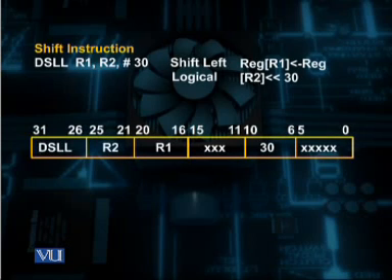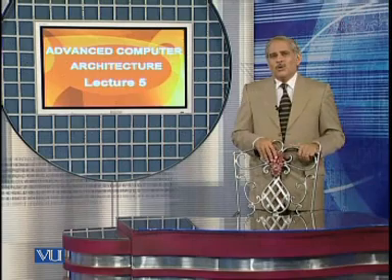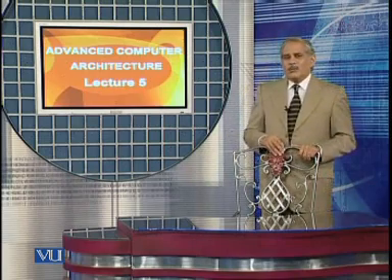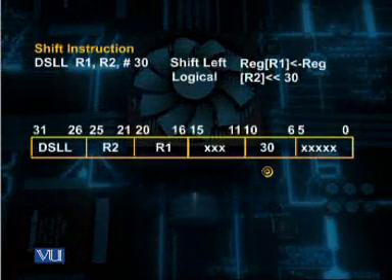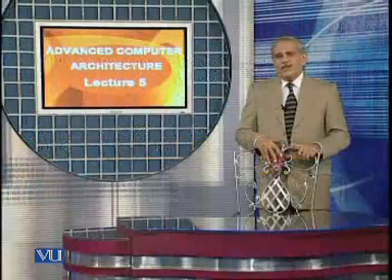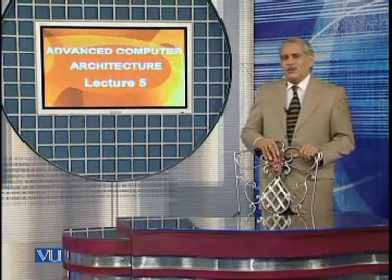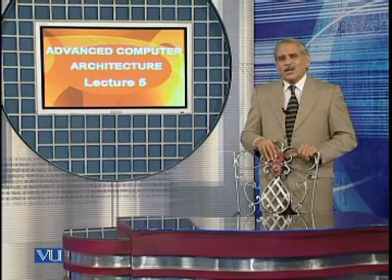The shift instruction is one where only one operand is needed, because the shift instruction says, as in this case, DSLL stands for shift left logical, which means whatever are the contents of the register R2, they are to be shifted by the amount defined in the amount field, which is the field ranging from bit 6 to bit 10, and this is in this example equal to 30, which means that we want to shift the contents of the register R2 by 30 bits to the left and place the result in register R1.